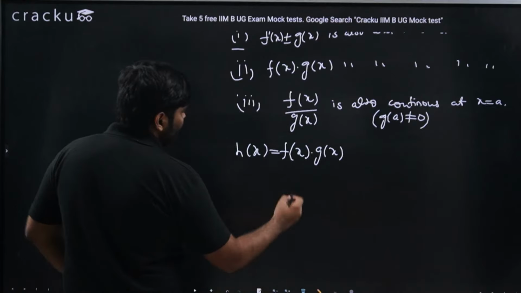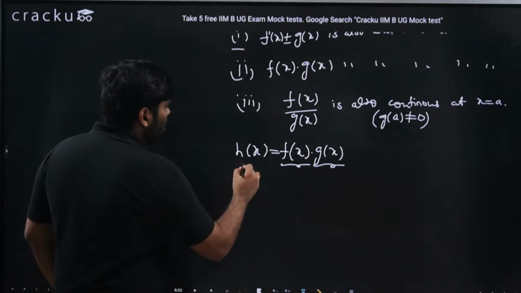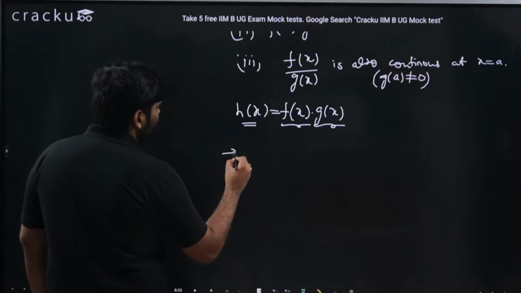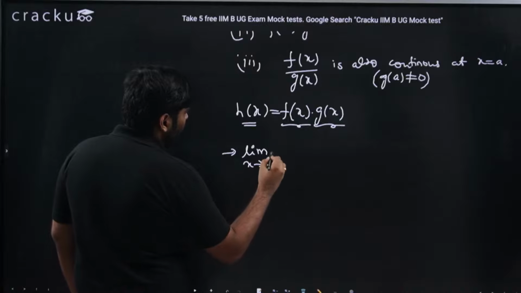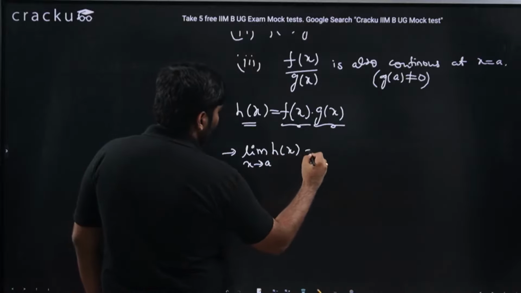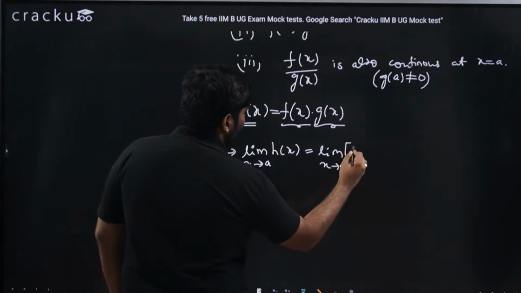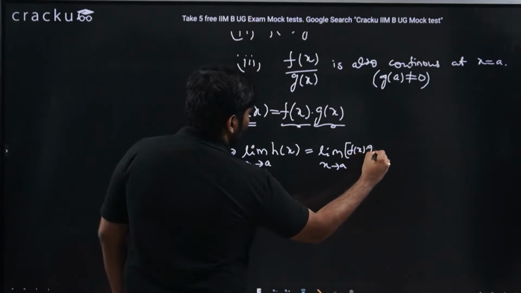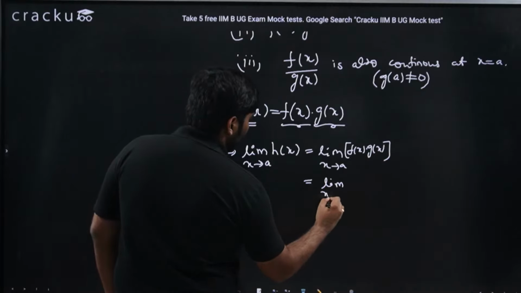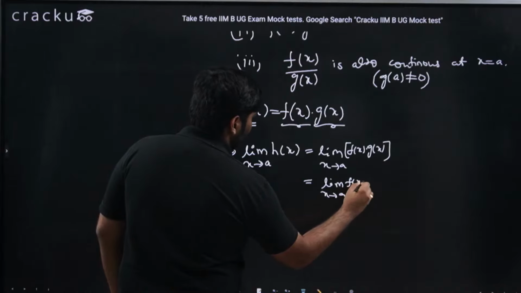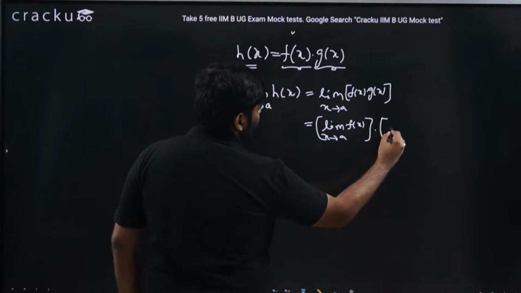If both are continuous at x equal to a, to see if h of x is continuous, we take the limit as x tends to a of h of x, which is the limit as x tends to a of f of x into g of x. The product rule of limits says we can do this as individual limits: the limit of f of x into the limit as x tends to a of g of x.